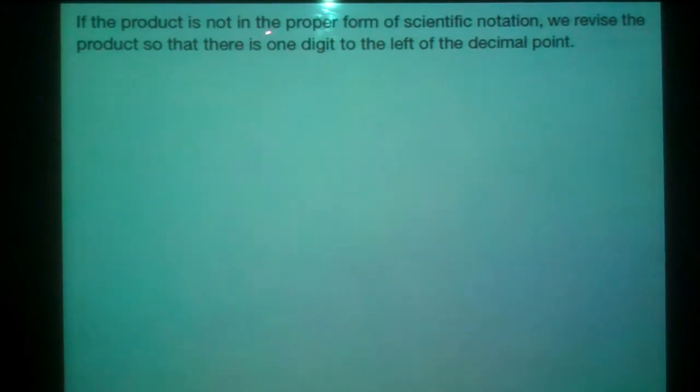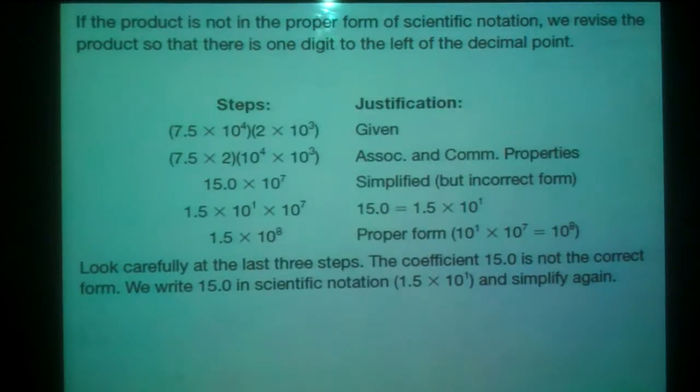If the product is not in proper form of scientific notation, we revise the product so that there is one digit to the left of the decimal point. So that's where this is going to come into play. So we start off with a problem just like we did last time. 7.5 times 10 to the 4th times 2 times 10 to the third.